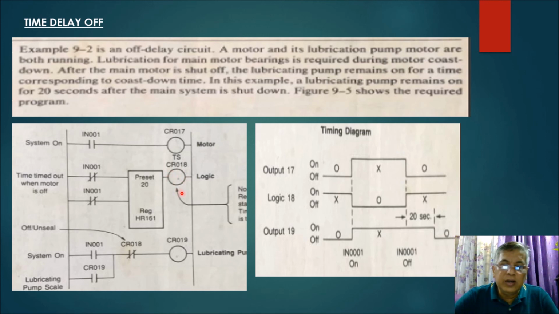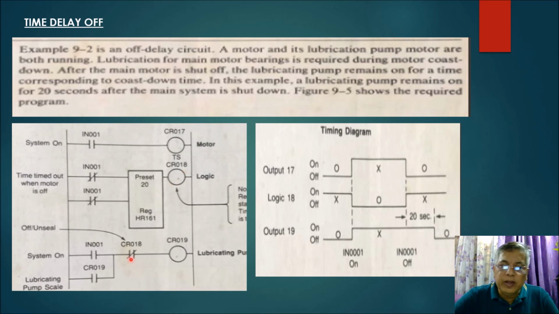Then after 20 seconds, CR018 here will energize. When CR18 is energized, automatically the internal contact here, CR018, will open, because it is normally closed and becomes open once CR18 is energized.